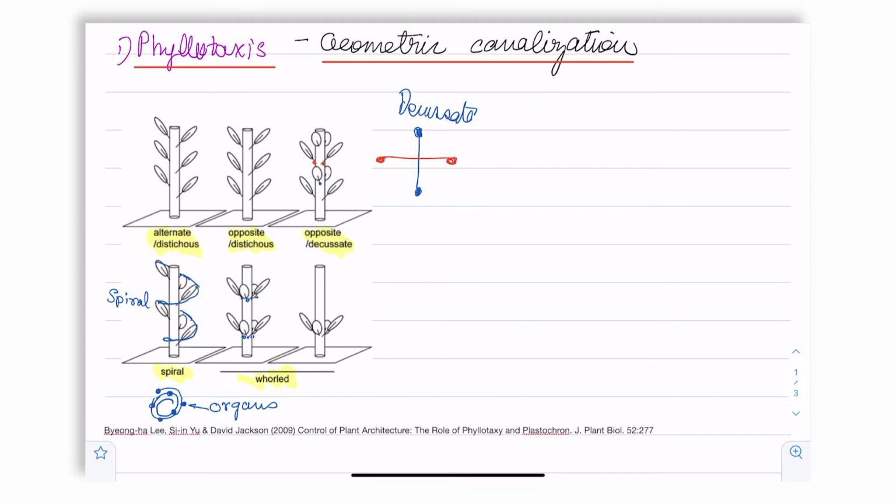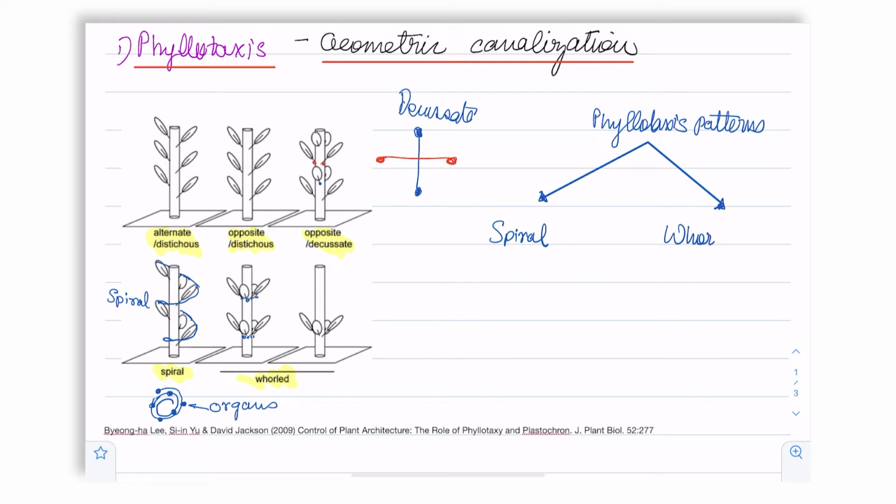So, given this broad classification for regularity of phyllotaxis patterns, we can divide them into two broad types. One type is spiral, and the other type is whorl.